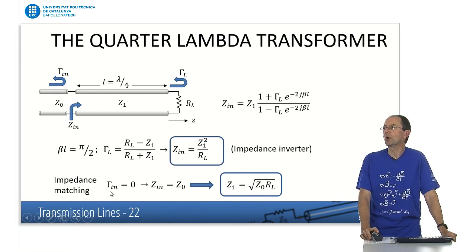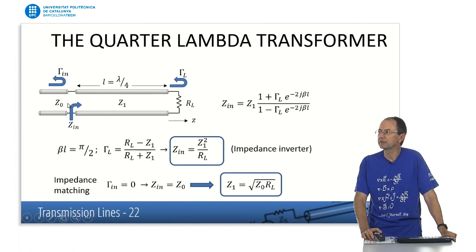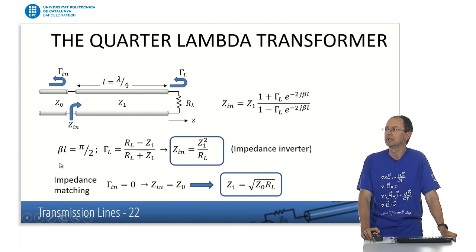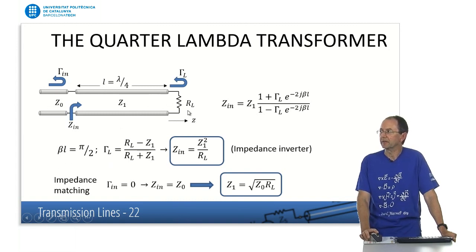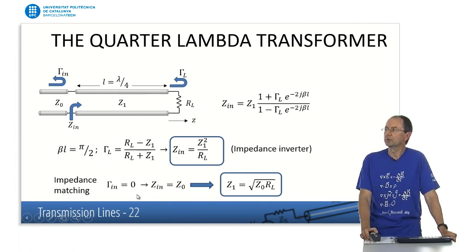This is called a quarter lambda transformer of impedance because, for example, if you want to minimize reflection at the input port, so you want to maximize transfer of power along this transformer and termination load, what you have to achieve is zero reflection at this input port. So in this case, what we want is the input impedance at this plane exactly equal to Z0.